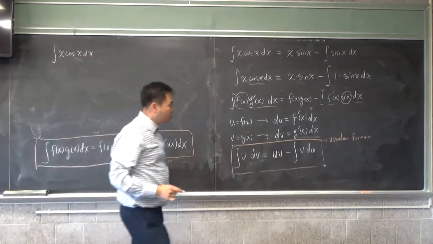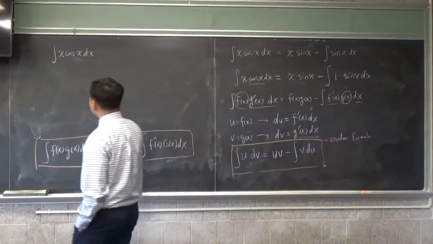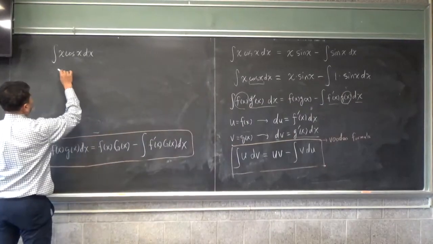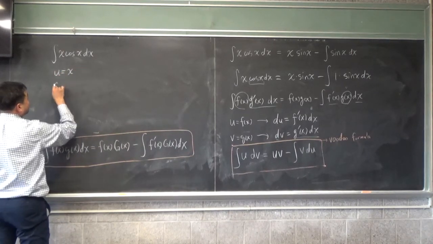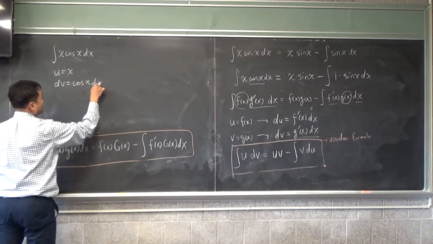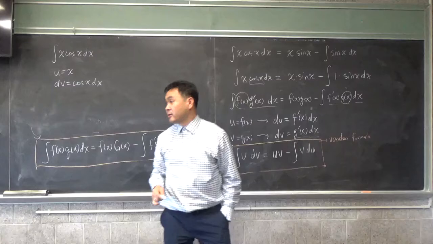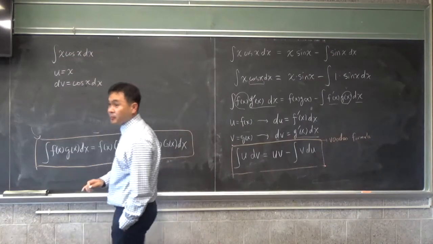and you choose u as x and cosine x dx as dv, just like that, right? So that this looks like u dv.